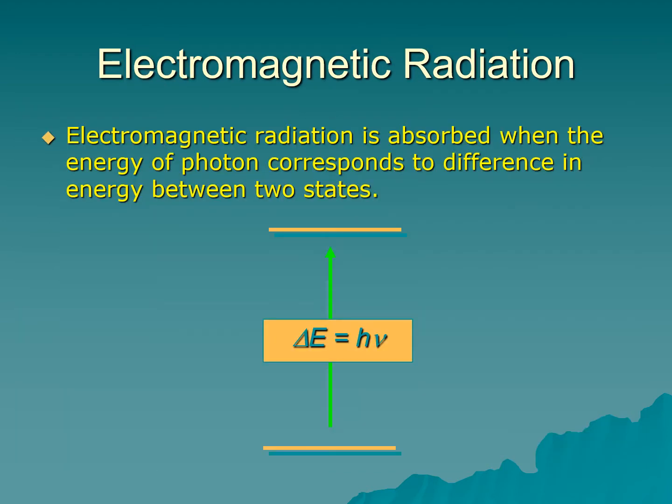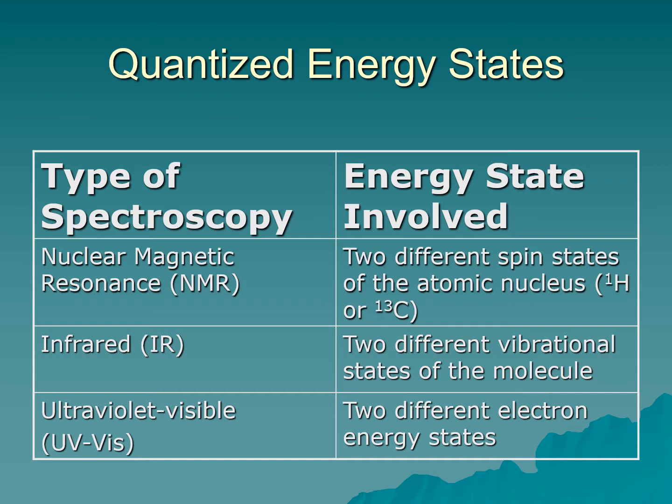Electromagnetic radiation is a type of energy that's absorbed in all these different techniques by molecules or by parts of molecules, and then that will cause something to happen to the molecule. Either it'll cause bonds to vibrate, or it will cause nuclei to flip. Here are the three techniques that use this electromagnetic radiation to help analyze molecules.